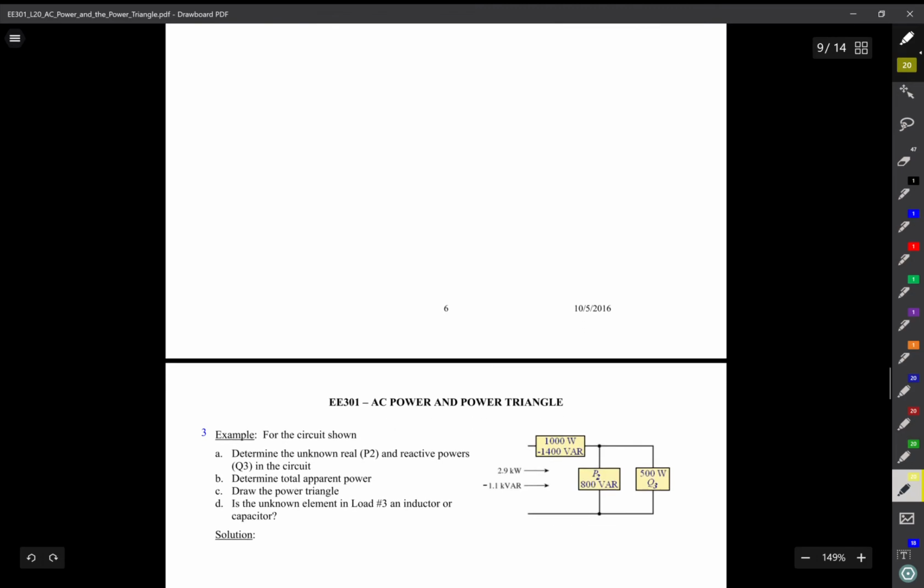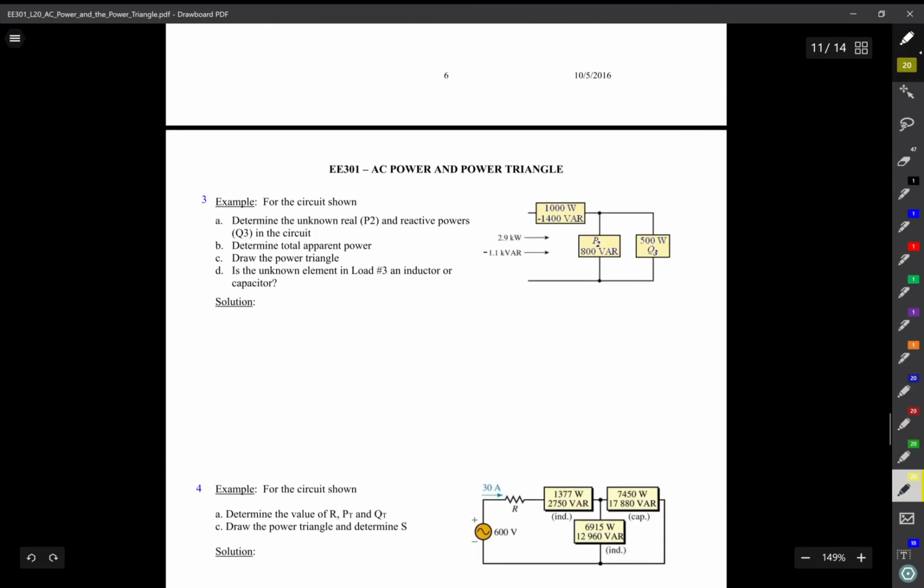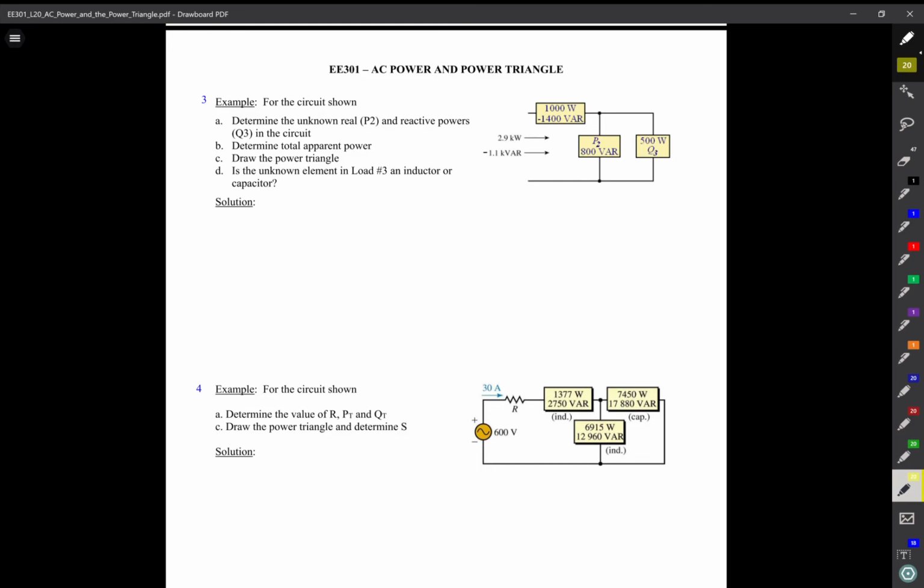Okay, let's do one more problem. I'm going to skip down to example number 3 in your notes. I have a system of impedances, and I have current and voltage, so a circuit, and therefore I have complex power. This problem shows up as a complex power problem where the total real power PT is given, and QT, my total reactive power, is equal to minus 1.1 kilovars.